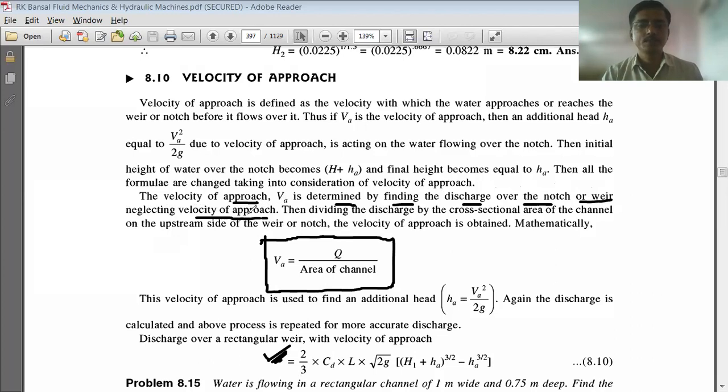So use the formula without it and find out the discharge. Then divide the discharge by the cross sectional area of the channel on the upstream side of the weir. The velocity of approach is obtained by using the formula VA is equal to Q upon area of channel.